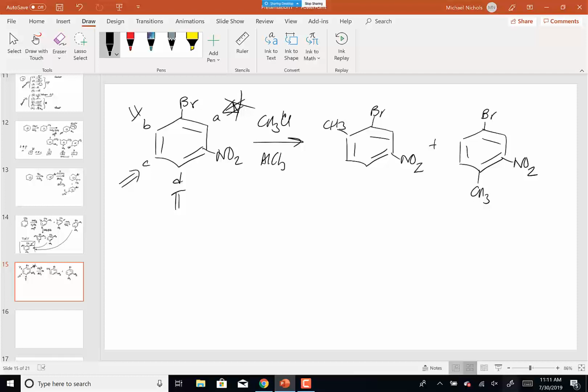So any spots that are directed to that already have a group can't be substituted. So that, for instance, okay, let's do this then. Let's take it one step further. Let's add Cl2 with FeCl3 to this one.